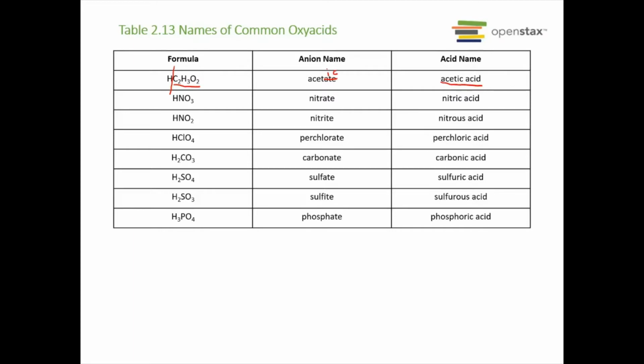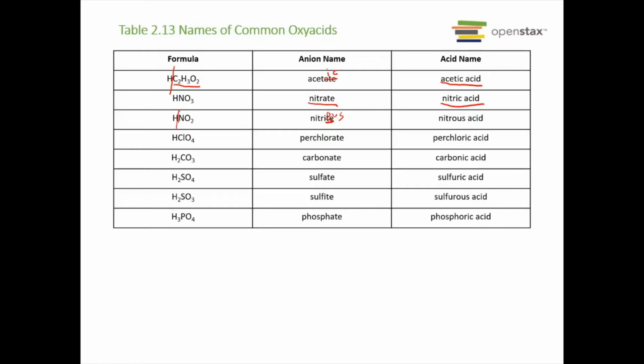HNO3: NO3 is nitrate, it becomes ic, so nitric acid. HNO2: NO2 minus is nitrite, so ite becomes ous, and this becomes nitrous acid.